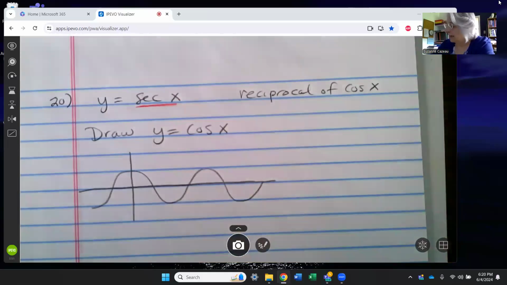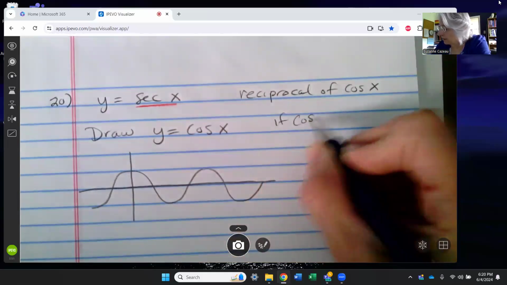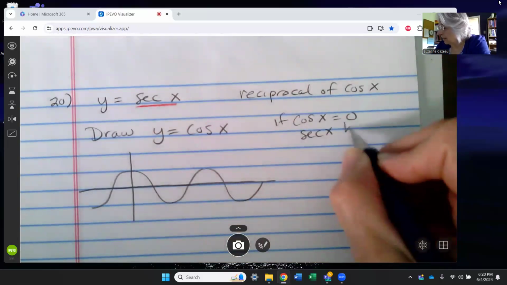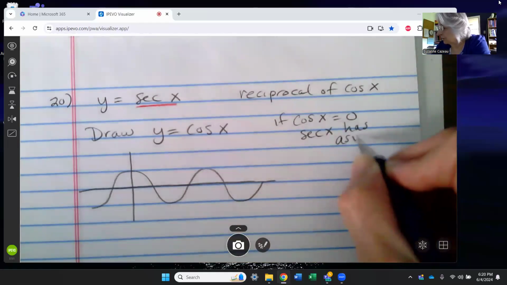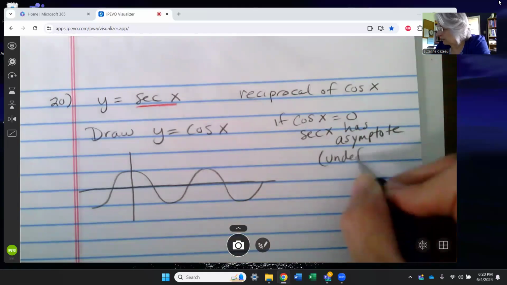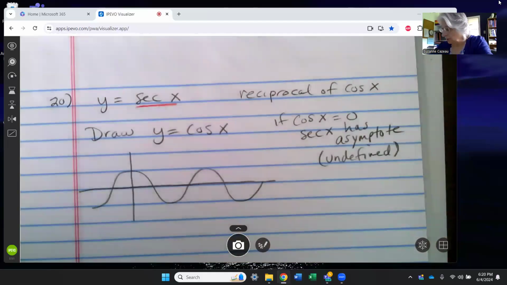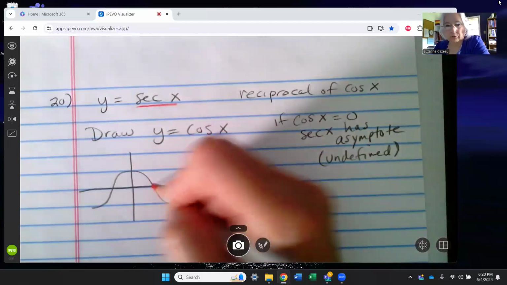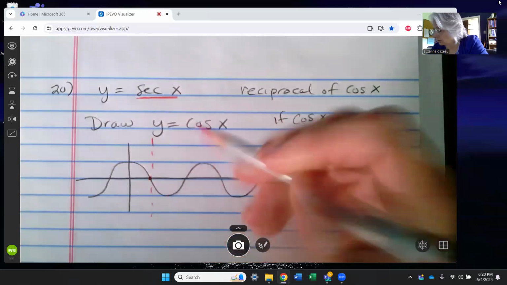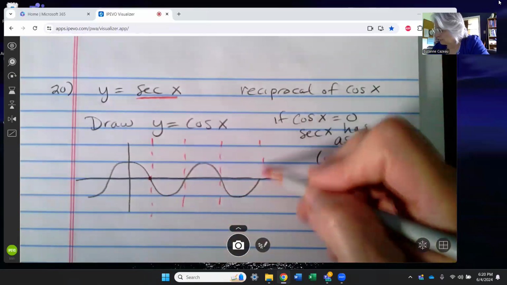Wherever cosine is 0, the secant x has an asymptote because it's undefined. Divide by 0. So I'm going to put asymptotes where it's crossing the x-axis, like that.